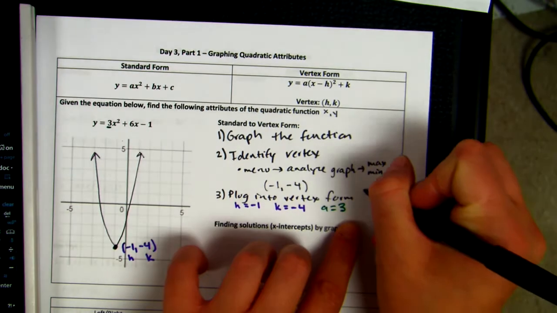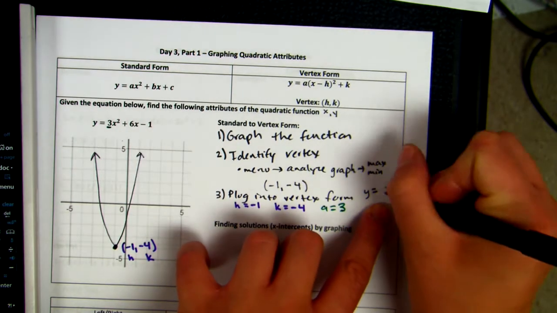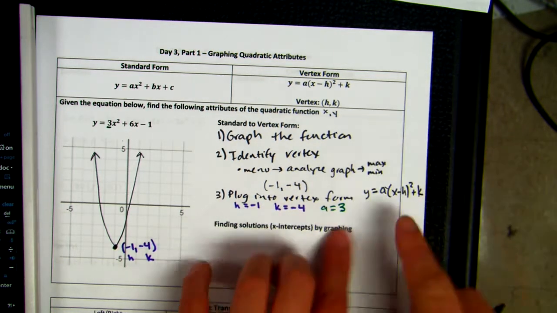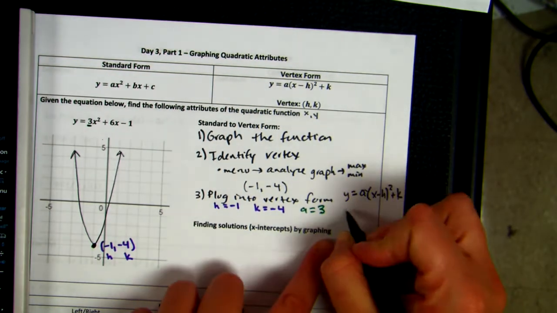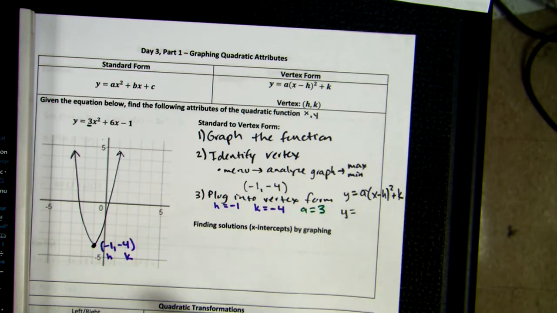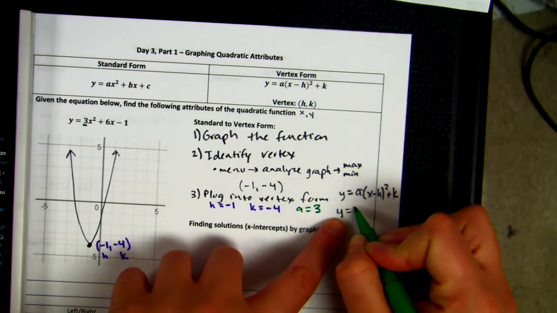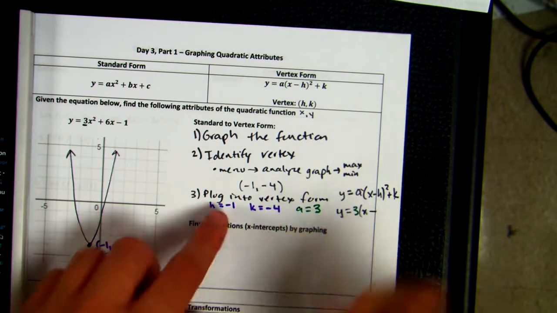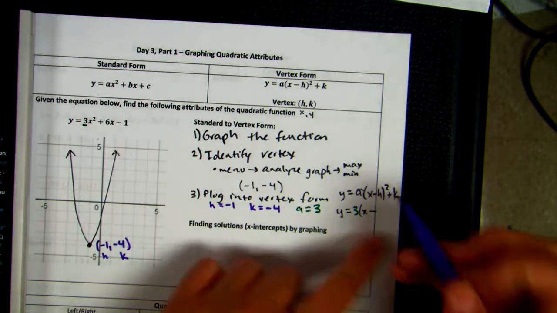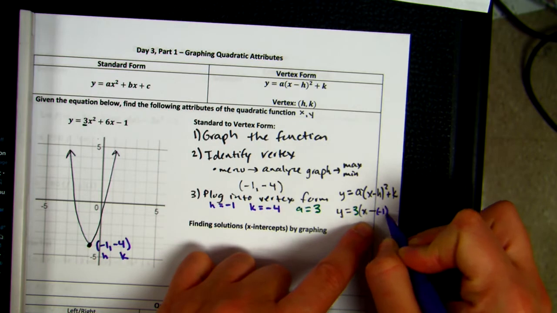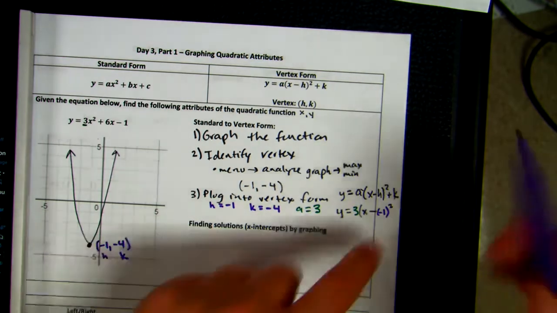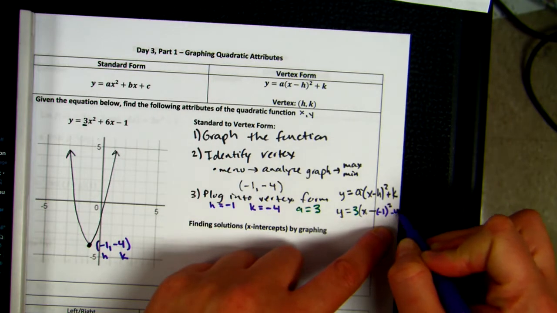So I've got y equals a(x minus h) squared plus k, and I plug in for vertex form. y equals my a value of 3, parentheses x minus my h value of -1, squared, plus my k value of -4.